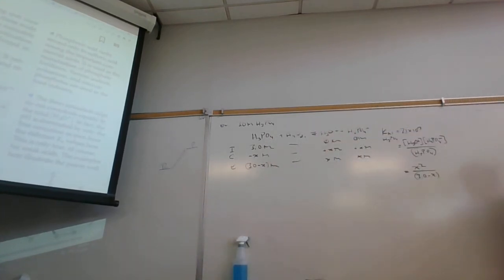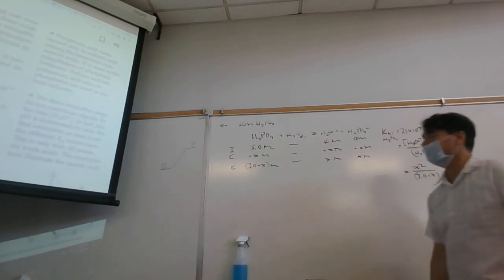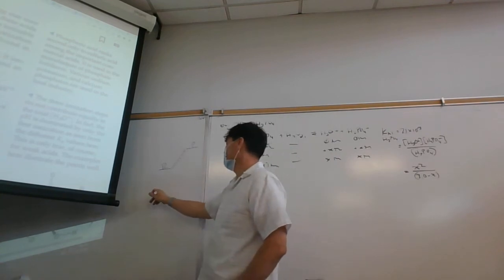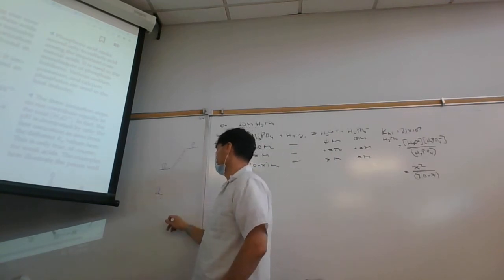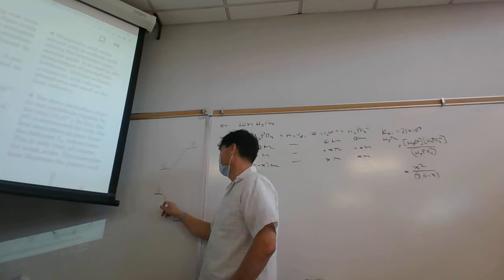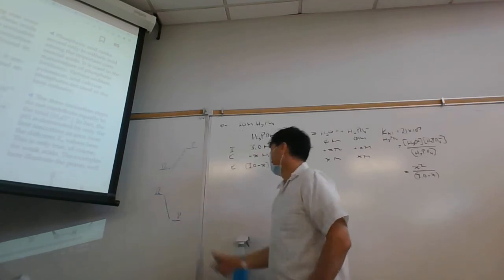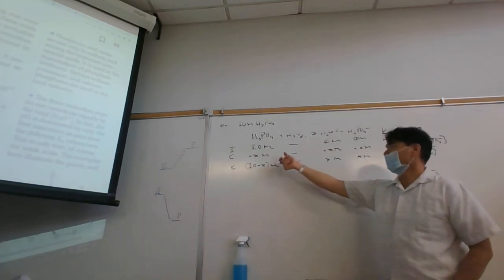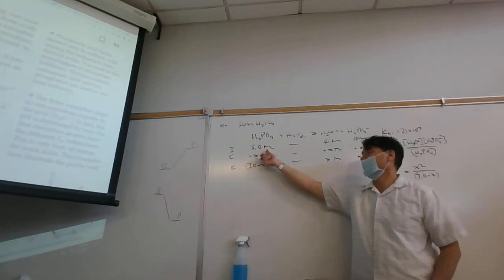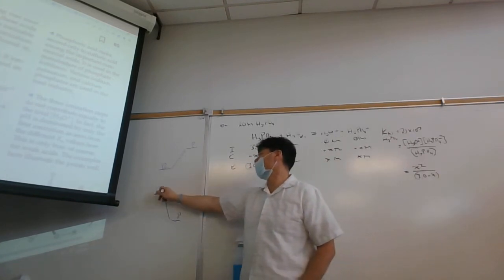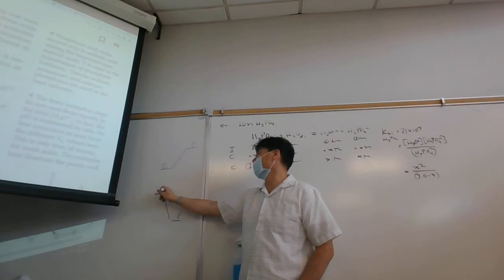But if this were 10 to the positive 3, then I'd have the opposite scenario. This would be the reactants, this would be the product, and I'd expect it to be favored on the product side, but when I look at this, all my atoms are on the reactant side.